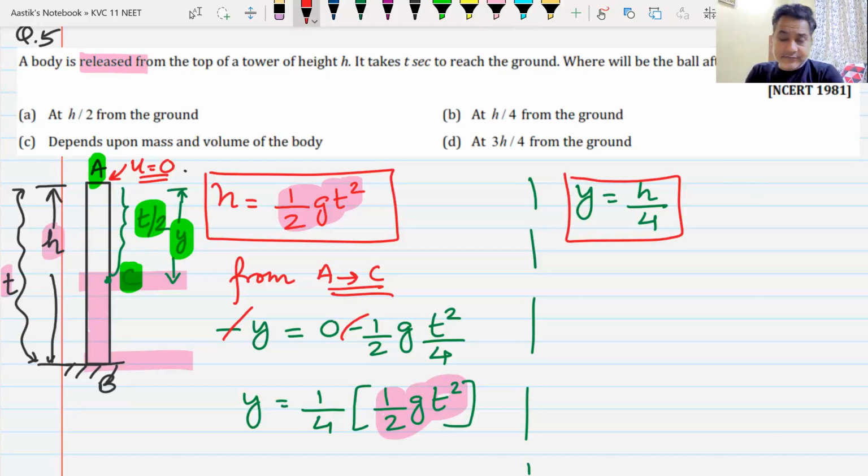Difficult to understand? Can you tell me the answer, beta? Total height is h. From the top, it is h by 4. So what is the height from the bottom?